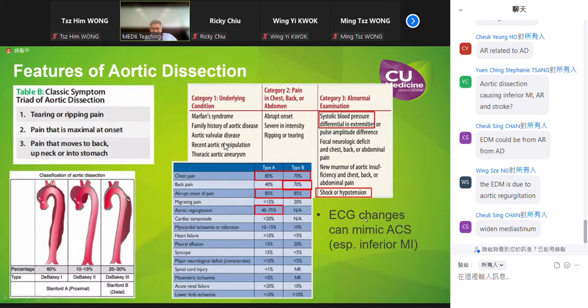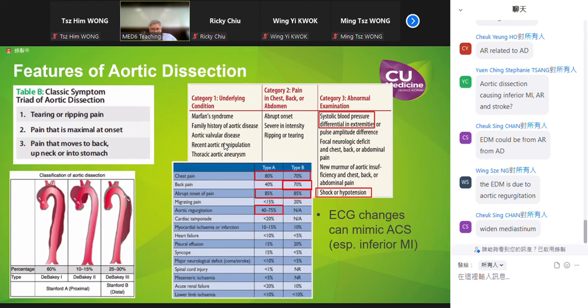Okay. ECG can mimic ACS, and typically, I don't know why, it often goes downward to the right cusp and causes right coronary artery dissection and causes inferior MI. Again, it's my own patient, acute MI, RCA MI, and then we angiogrammed, and the right coronary looks a bit occluded, but it looks a bit weird.